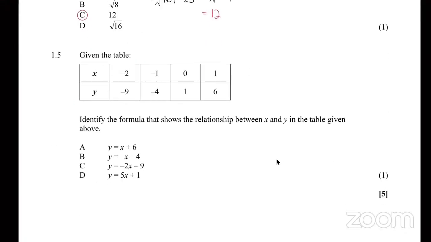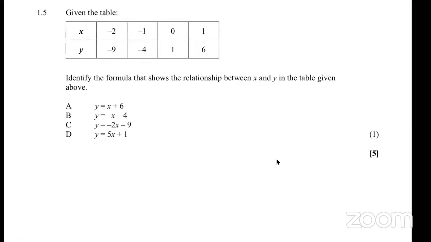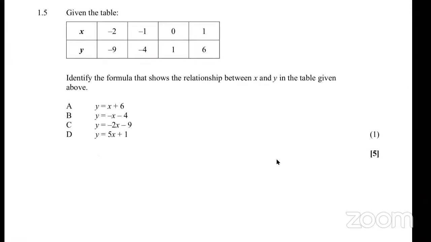Okay, let's look at this. 1.5. Given the table, identify the formula that shows the relationship between X and Y in the table given. Okay, so what is your guys' answer for this?